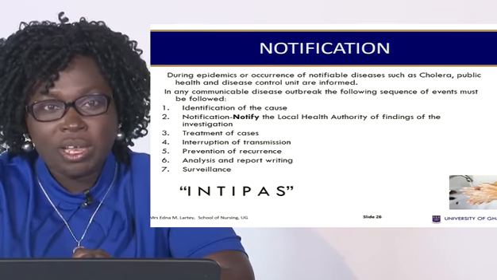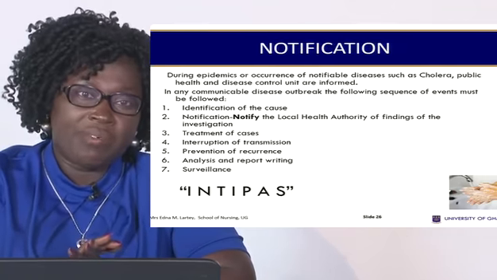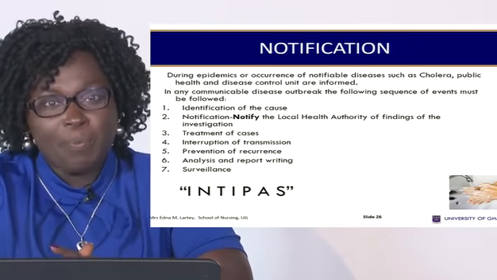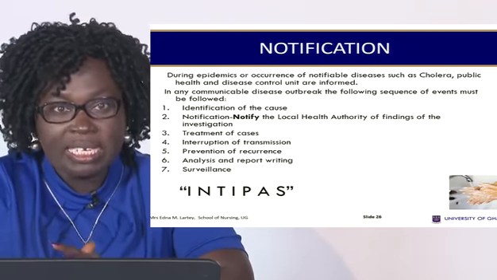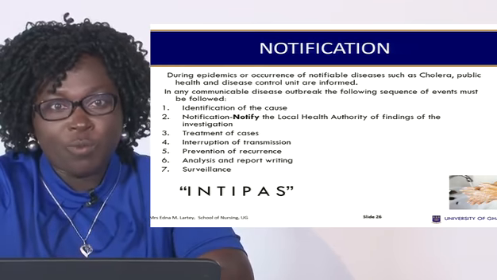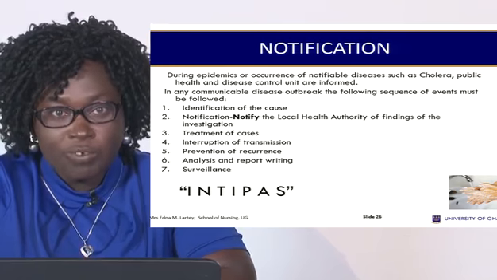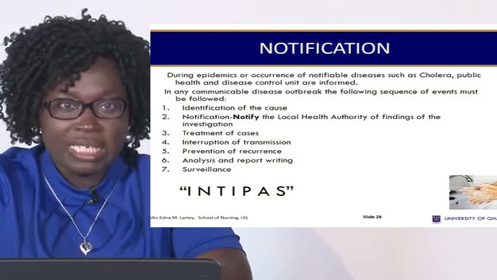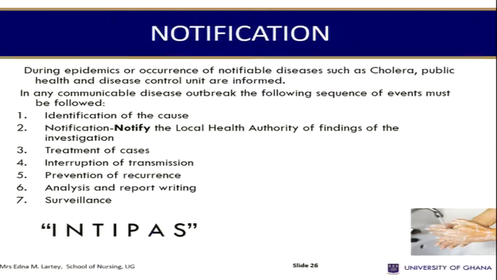Analysis and report writing. And 7. Surveillance. The mnemonic is INTIPAS, that is: identification of cause, notification, treatment of cases, interruption of transmission, prevention of recurrence, analysis and report writing, and then finally surveillance.